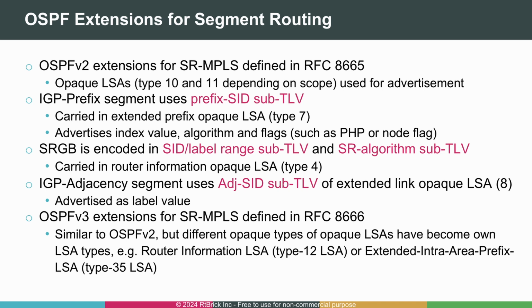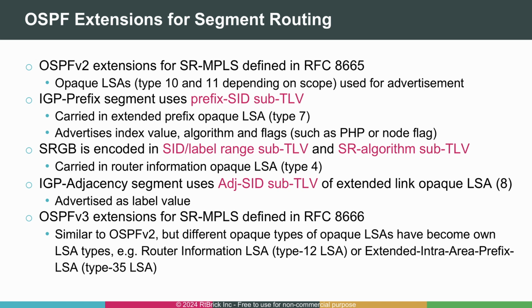For OSPFv2, segment routing extensions are described in RFC 8665. Similar to ISIS, OSPFv2 must support IGP prefix SIDs and IGP adjacency SIDs. The common Type 1 through Type 5 LSAs do not provide sufficient flexibility to accommodate additional information.